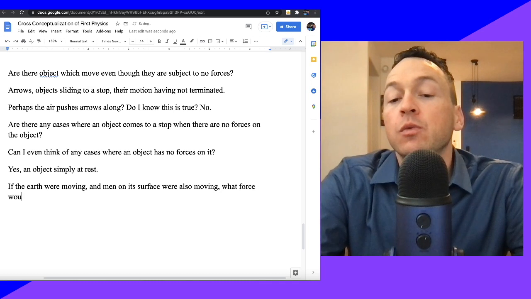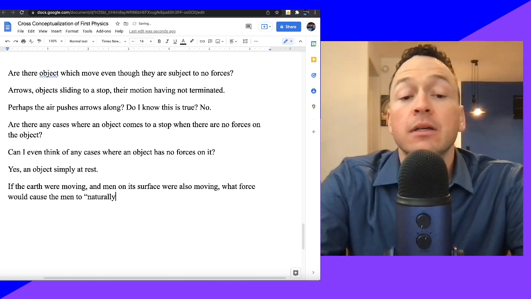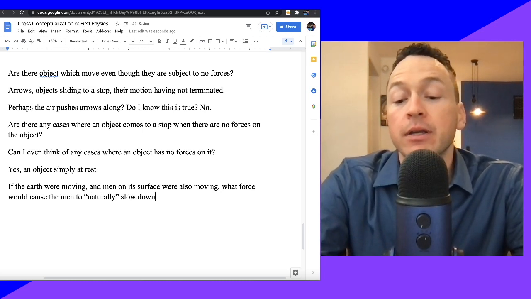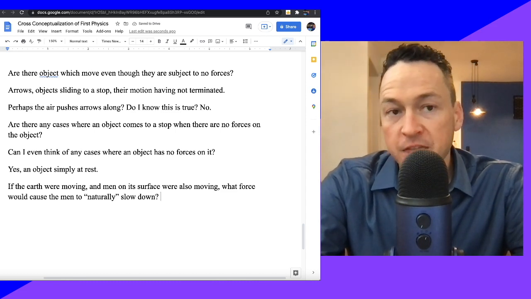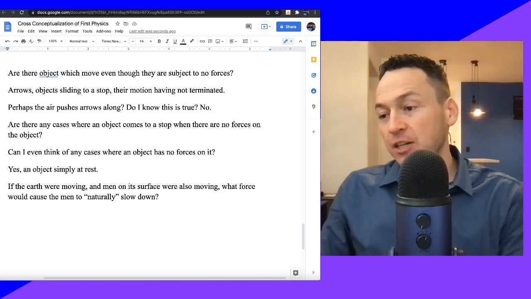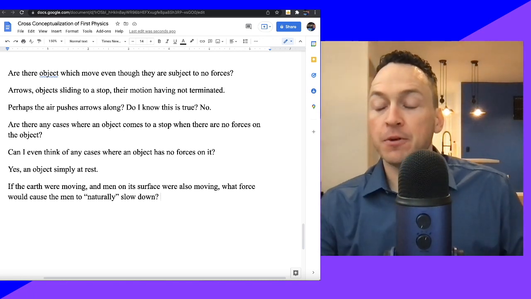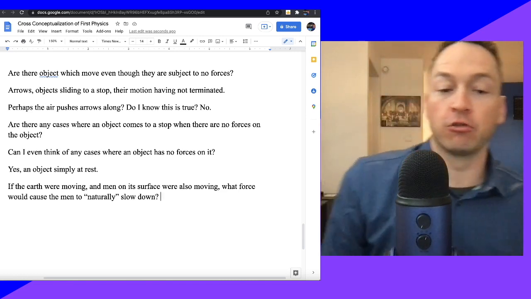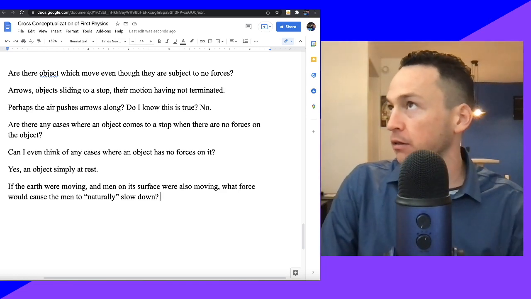what force would cause the men to naturally slow down? Well, normally, the thing that causes an object to naturally slow down is as if it's grinding against a surface. But the men on the surface of the Earth will not grind against the surface if they are traveling along with the Earth.